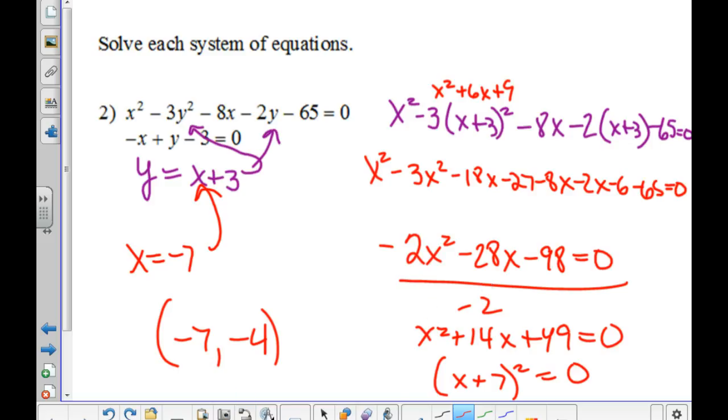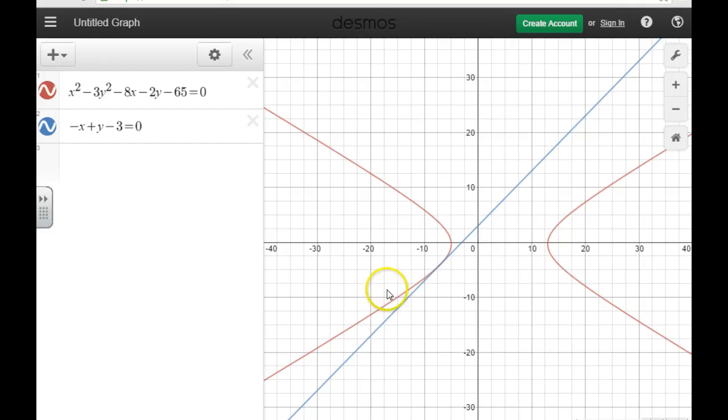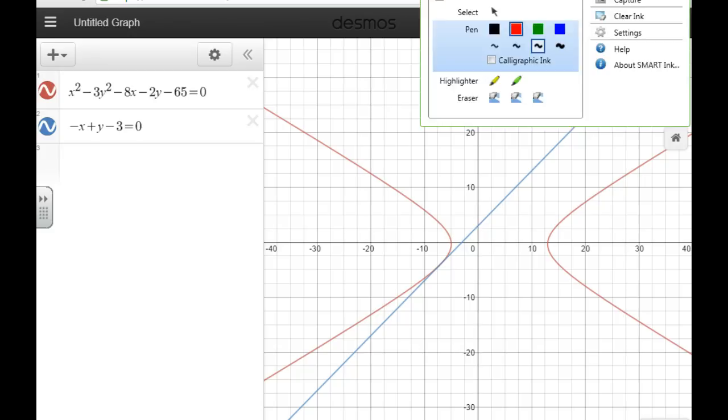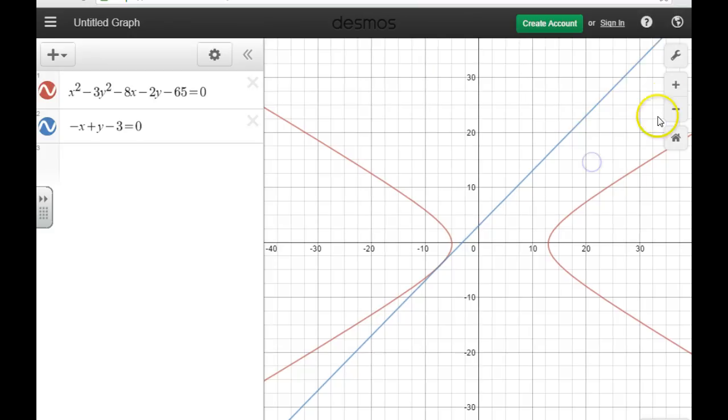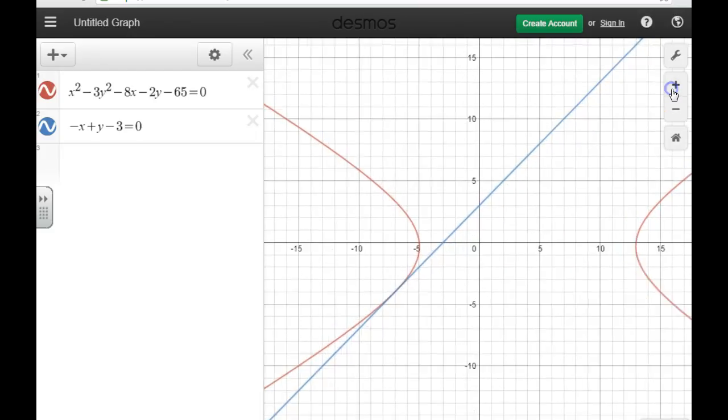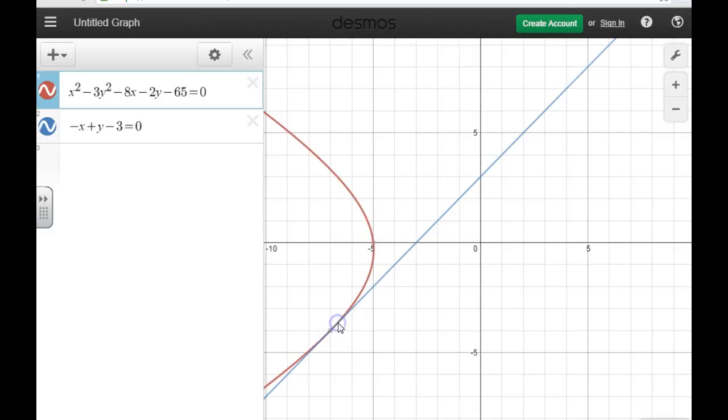Does it let me trace at some point if I zoom back in? Oh, look at that. You're so smart. There's our point of intersection.